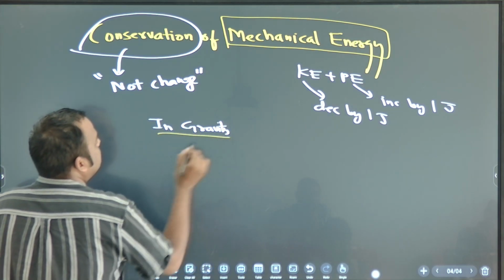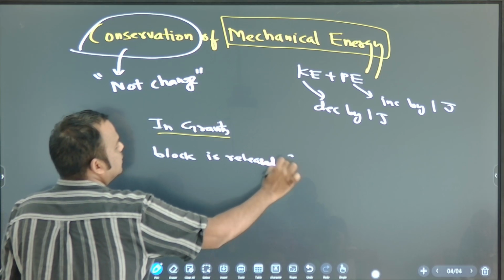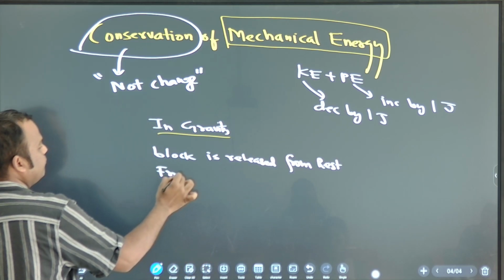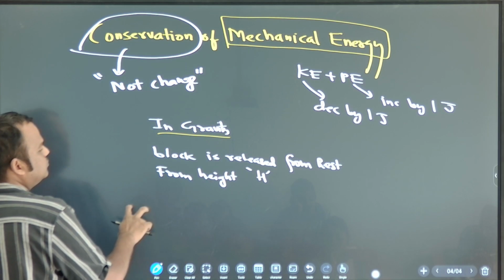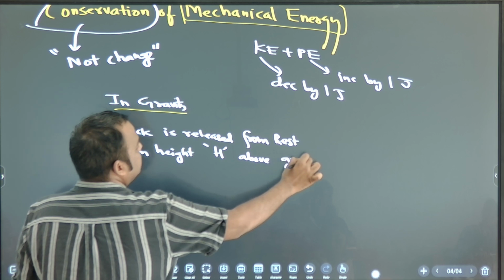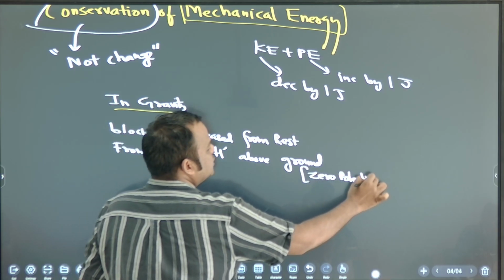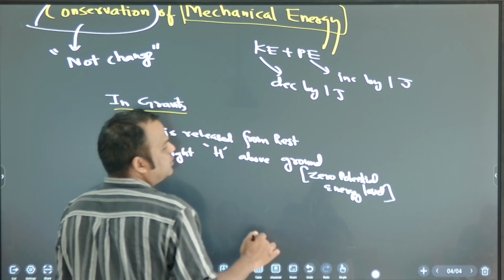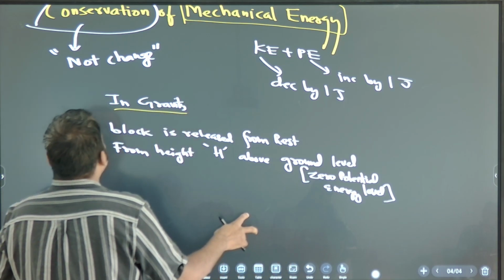So in gravity, a block is released from rest from height h above the ground. Ground means zero potential energy level. What is the potential energy at ground level? Zero.